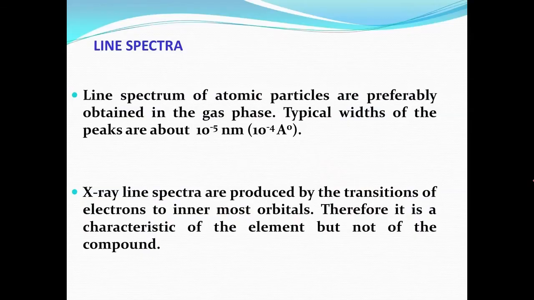The typical widths of line spectra, actually they are also peaks only, because nothing is actually a simple line. As I have explained to you, any monochromatic source will give you a group of frequencies, and if the width is very small, you will see it only as a line spectra. The typical width of a line spectra is of the order of about 10 raised to minus 5 nanometers or 10 raised to minus 4 angstrom units.